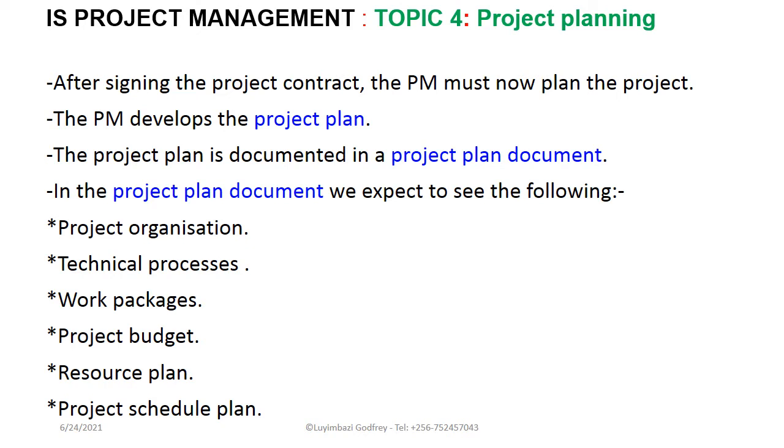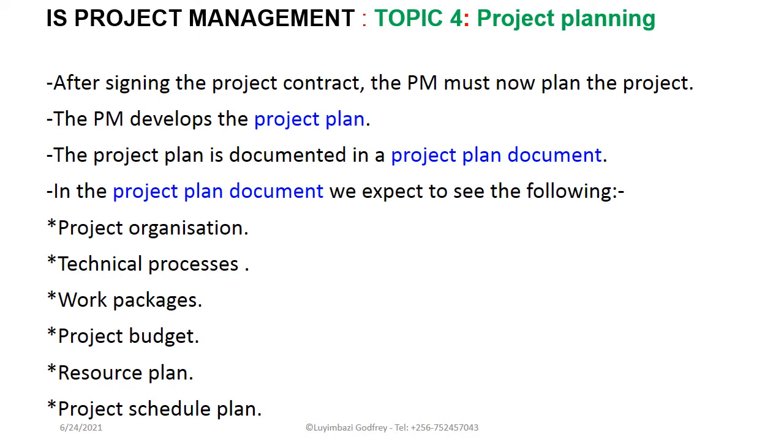Now, we have looked at several topics: an introductory topic, then topic number 2, which looks at the system development life cycle models and approaches. We have the traditional approach, we have the structured approach.